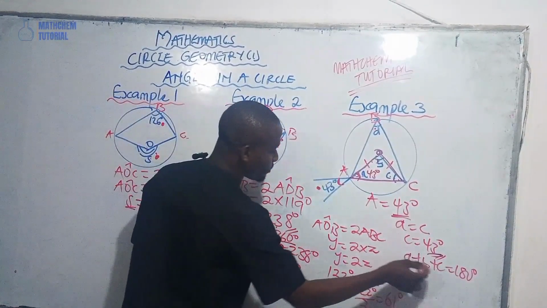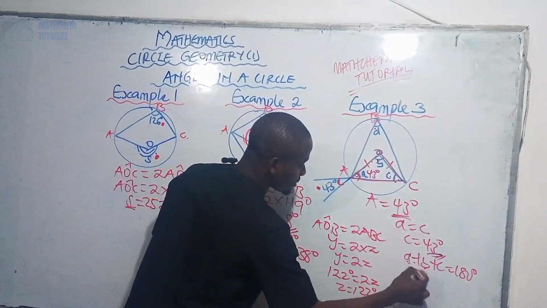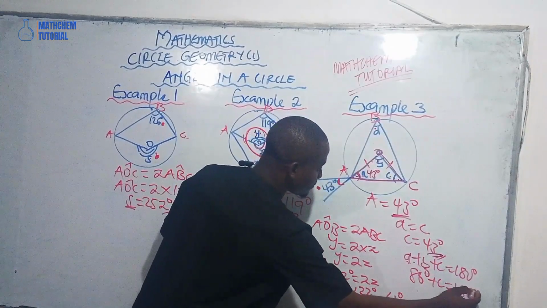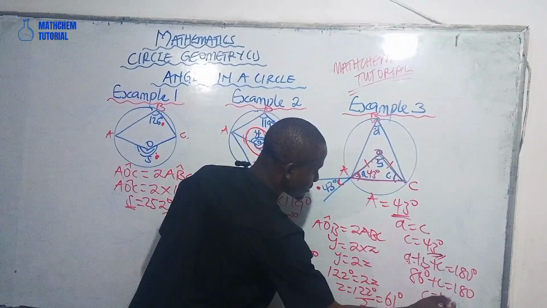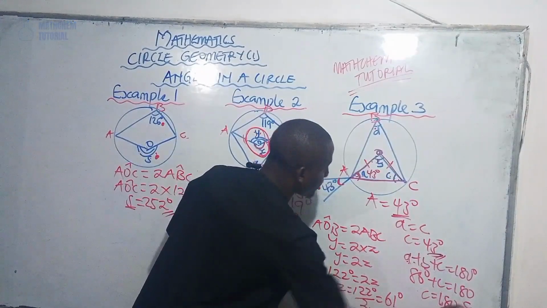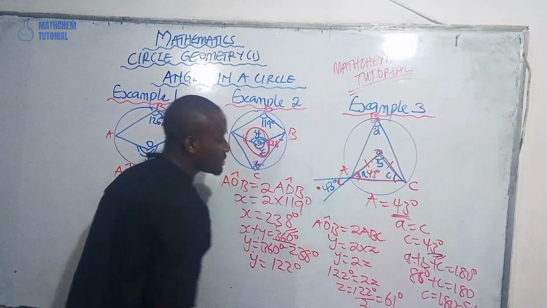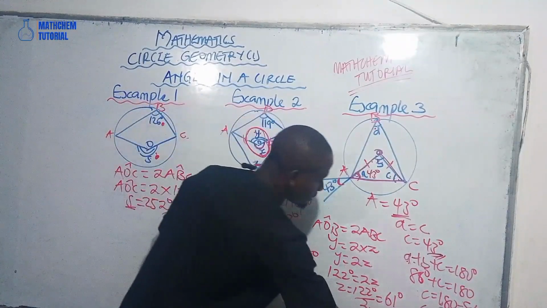We already know that A plus C would be 86, because 43 plus 43 is 86. So 86 degrees plus B equals 180 degrees, and B will be equal to 180 degrees minus 86. And that will give us 94 degrees.